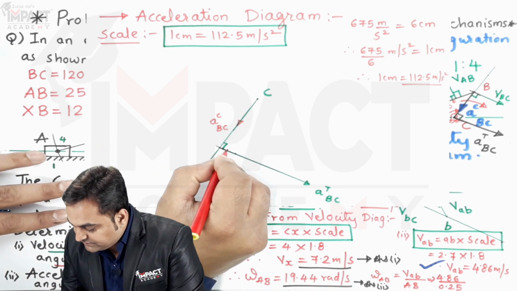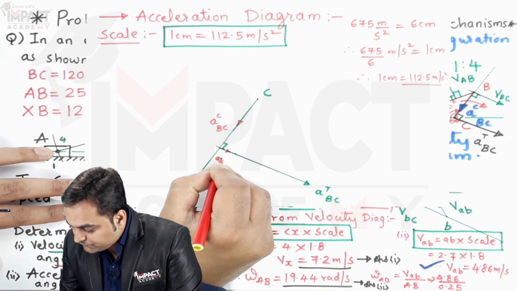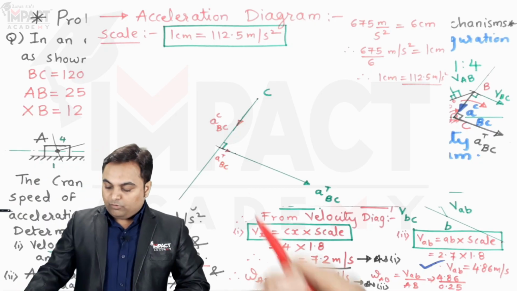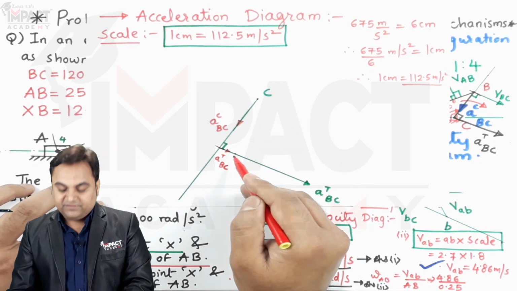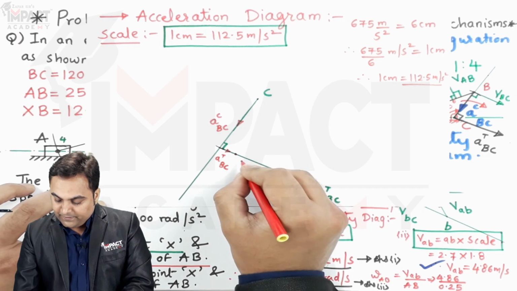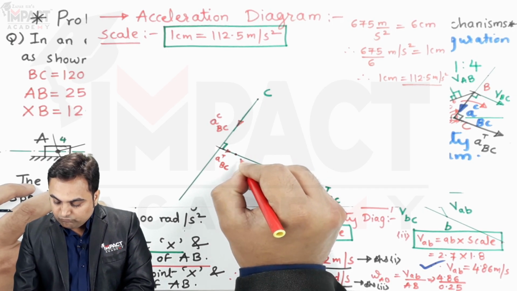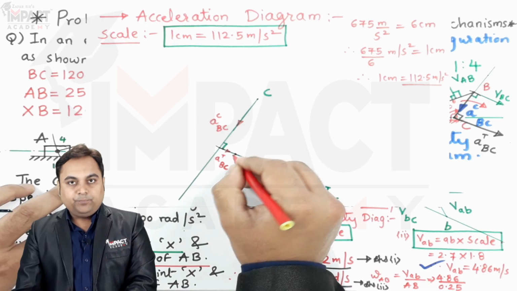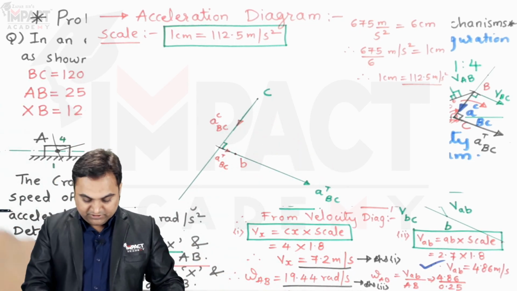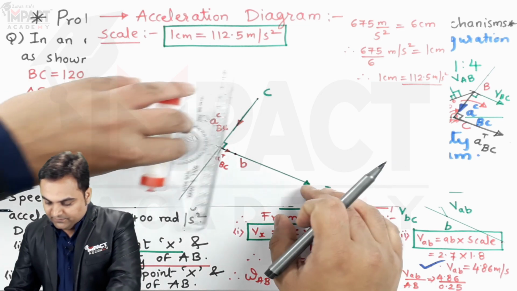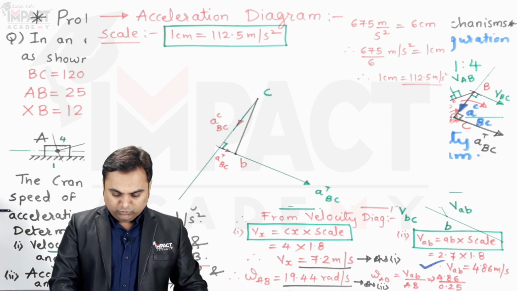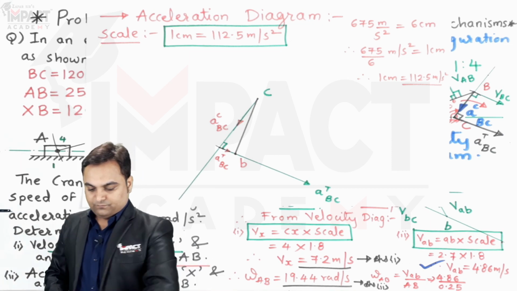So that is the tangential acceleration for link BC. And the moment we know the centripetal acceleration and the tangential acceleration, this gives me point B. Now joining point B with point C would give me the actual acceleration for link BC. And how to get the direction for this?